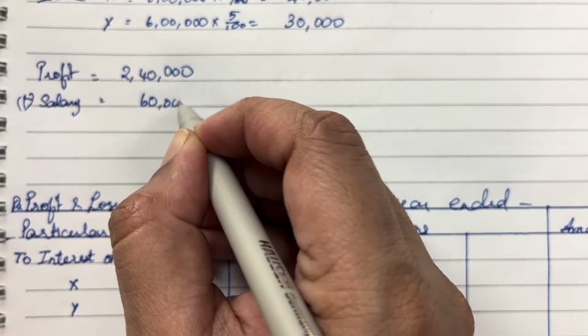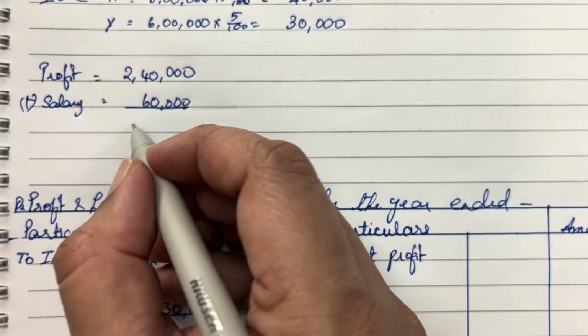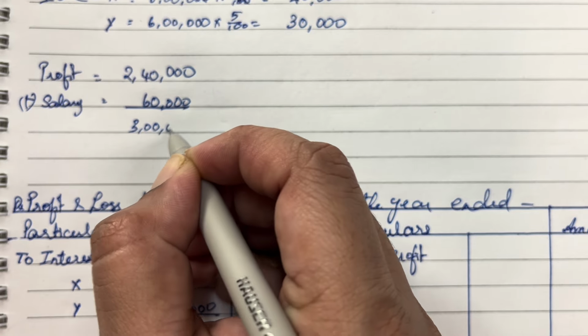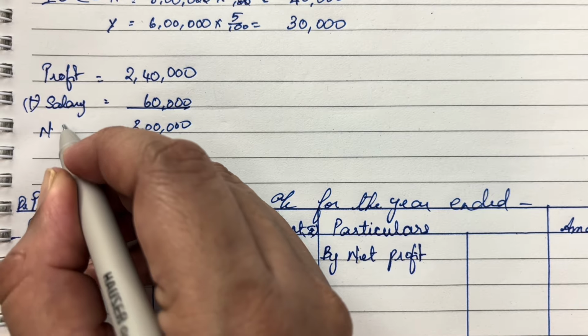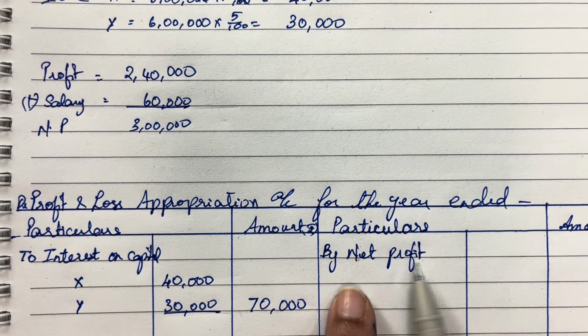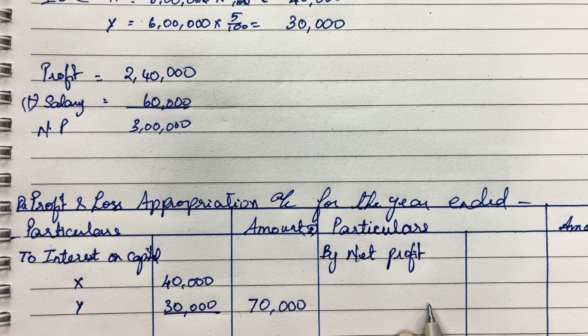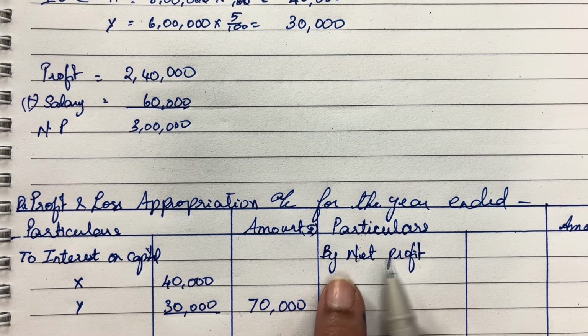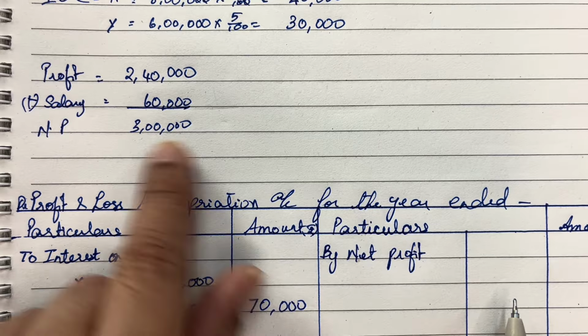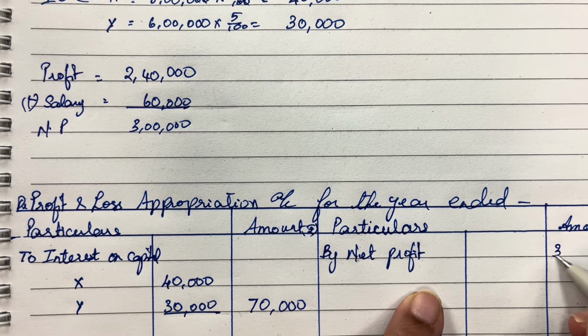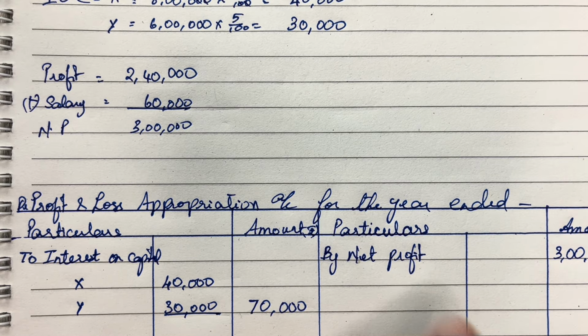Salary is 60,000, so our total net profit is 3 lakhs. This is our net profit. You can write net profit, and over here profit, add salary, write the amounts, and then bring out the total 3 lakhs here, or directly do the calculation in the working notes and just bring out the net profit of 3 lakhs here. It's up to you, however you want to do.